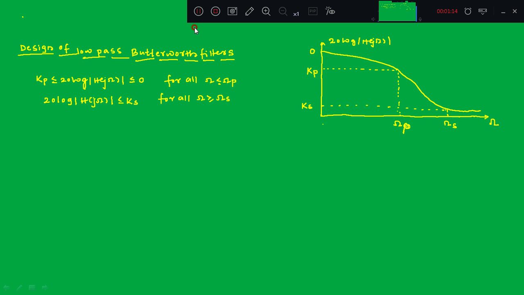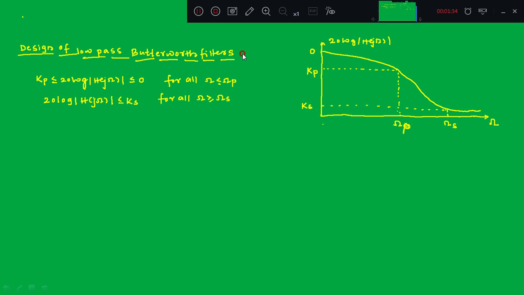And in today's class we will discuss the design of the low pass Butterworth filter. The design of the low pass Butterworth filter is nothing but determining the transfer function of the low pass Butterworth filter.